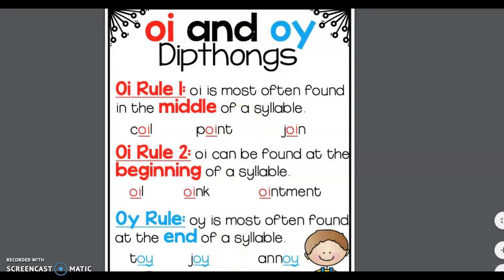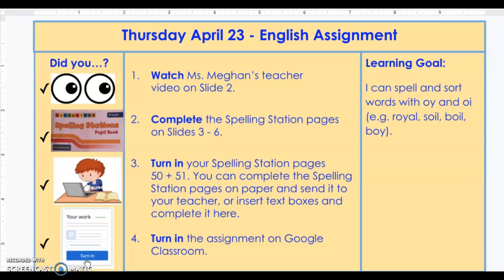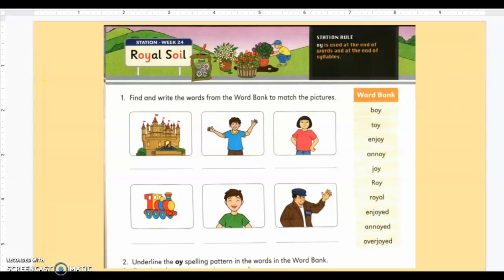Let's head to your word bank on page 50. So our station rule is OY is used at the end of words and at the end of syllables. Here are the words in our word bank. Boy, toy, enjoy, annoy, joy, Roy, royal, enjoyed, annoyed, and overjoyed.